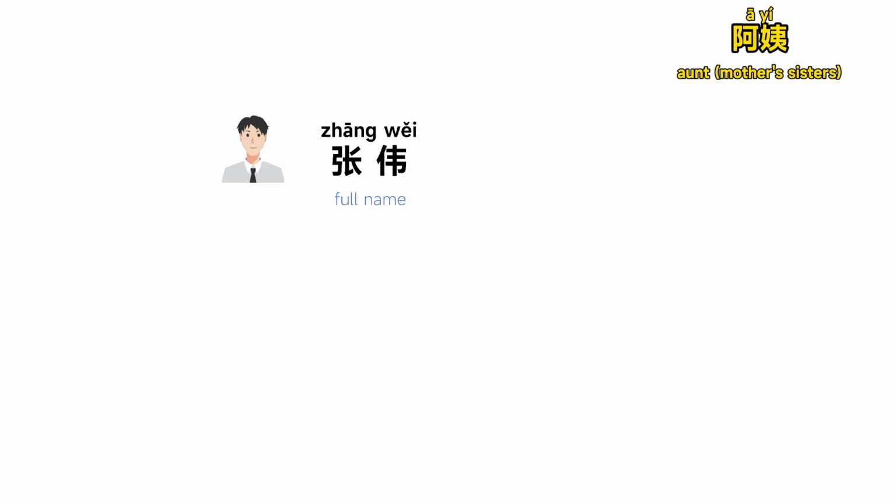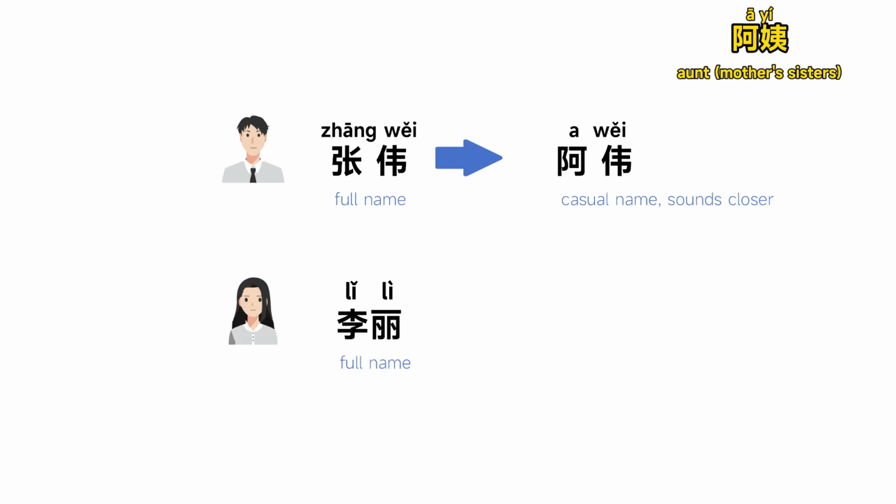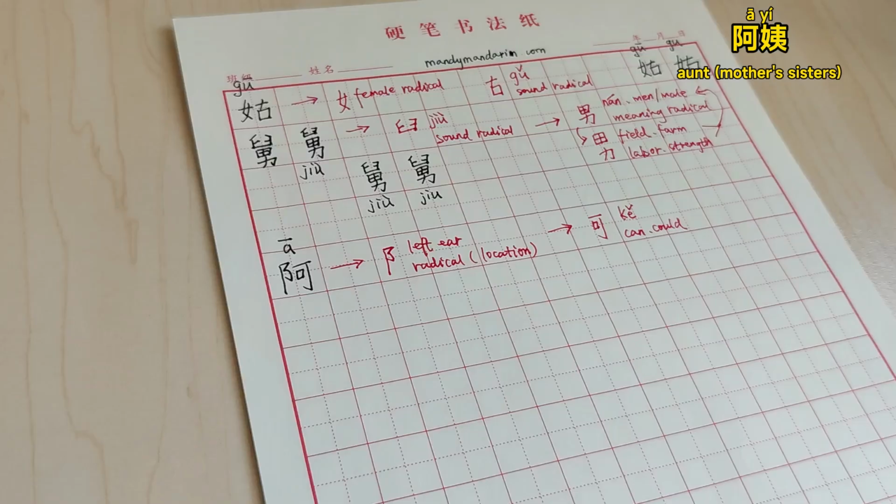For example, like this man, he's called Zhang Wei, and then you can call him A Wei, and it sounds closer. And as for Li, you can call her A Li, so it sounds like friends calling each other. It just sounds close. And the 阿 in 阿姨 doesn't mean that the name of your aunt is Yi, all right? So it's just a word, 阿姨, for aunt.